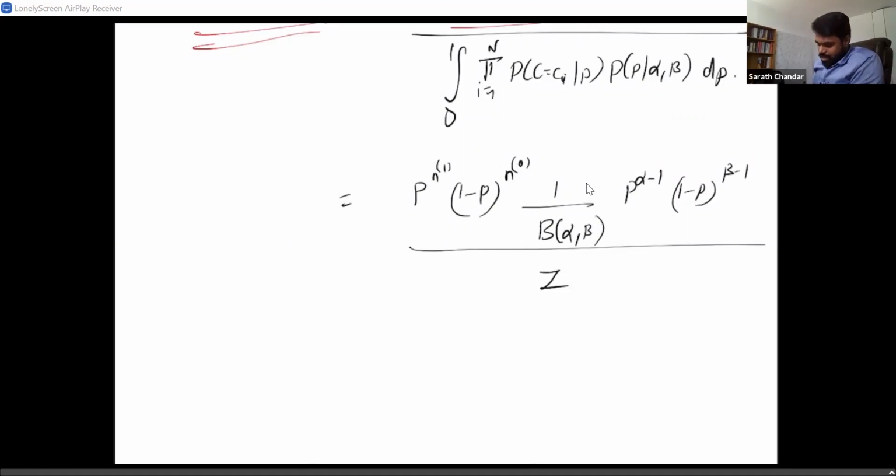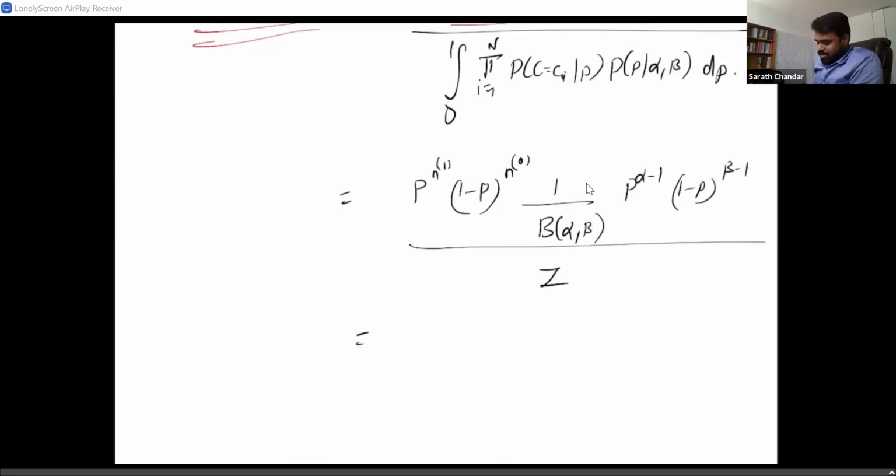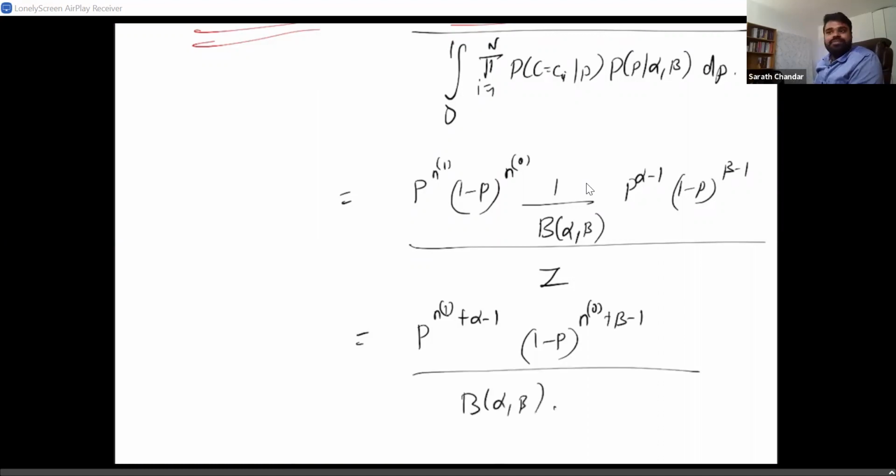Now, I can do some simplifications here. So now this is basically P power N1 plus alpha minus 1, (1 minus P) power N0 plus beta minus 1, divided by B of alpha beta multiplied by Z. Okay.